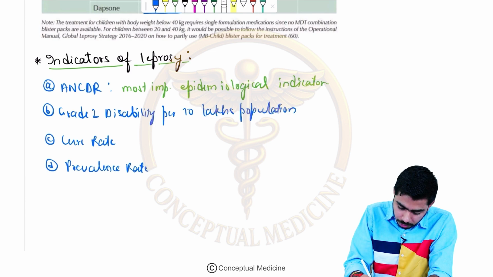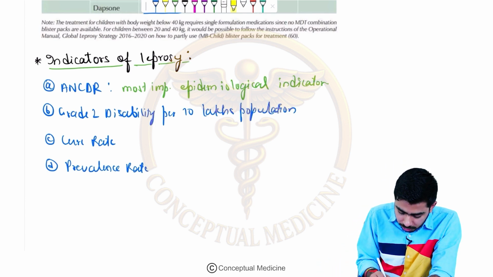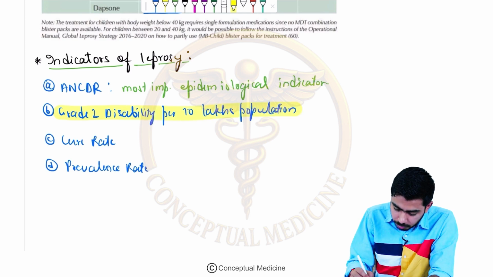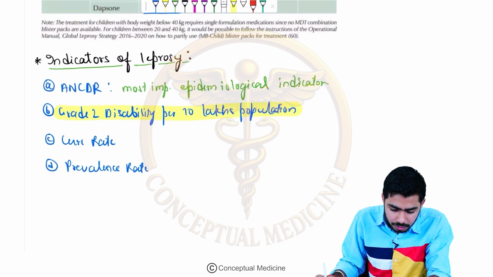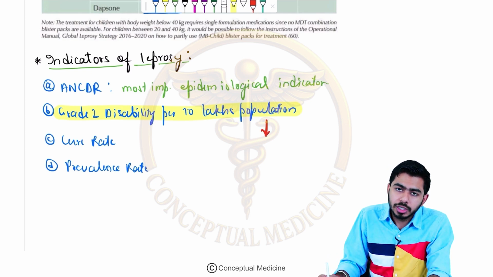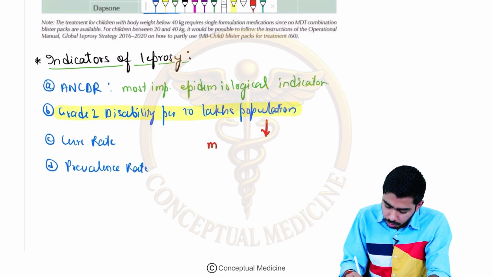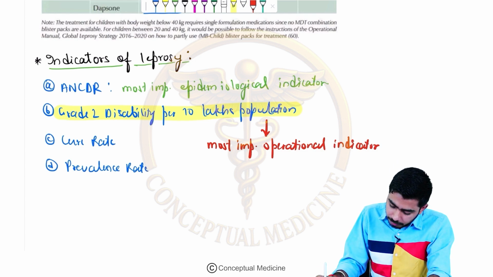Now the most important thing I need to talk about is grade 2 disability per 10 lakh population, which is quite an important indicator for leprosy, guys. The question might come, they might ask what is the most important indicator in leprosy. The most important operational indicator is this one only, the grade 2 disability indicator per 10 lakh population.